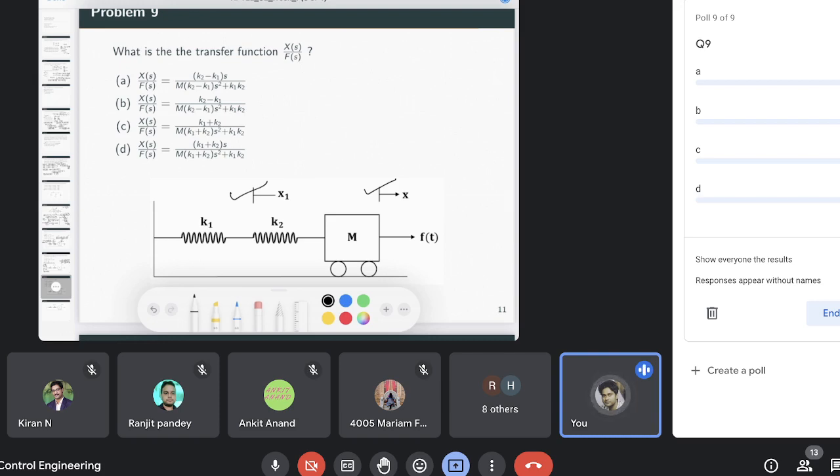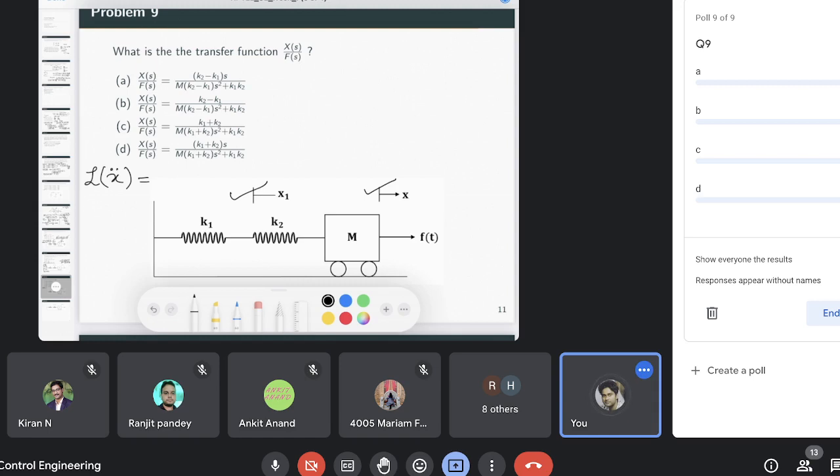If you don't know the Laplace transform, here is one hint. Since we have a double derivative here, let the function be x.